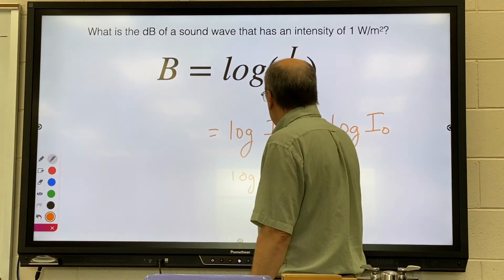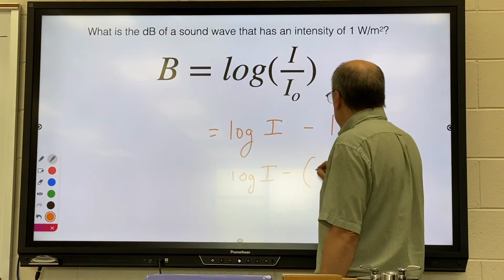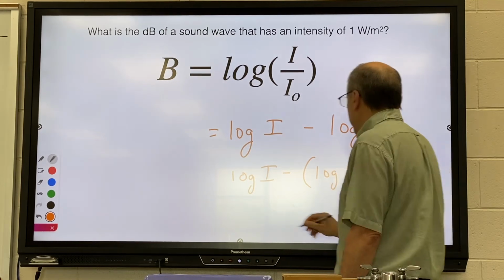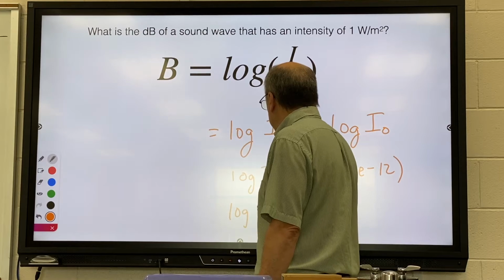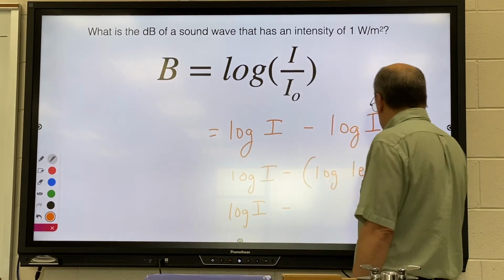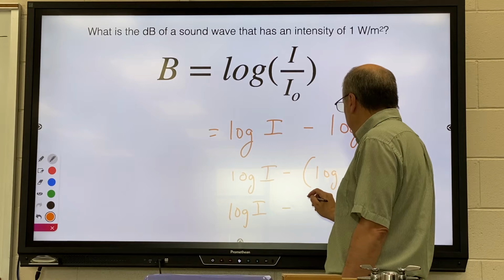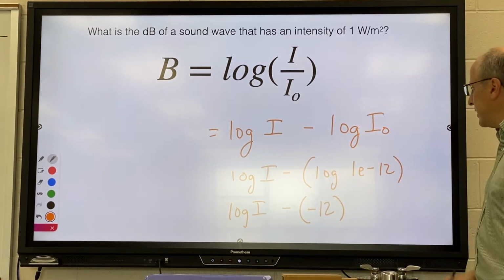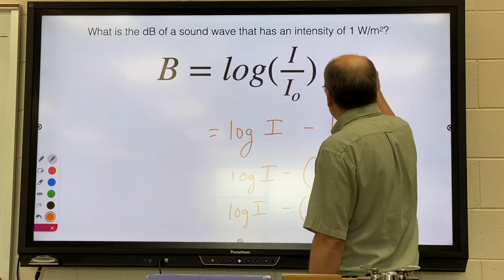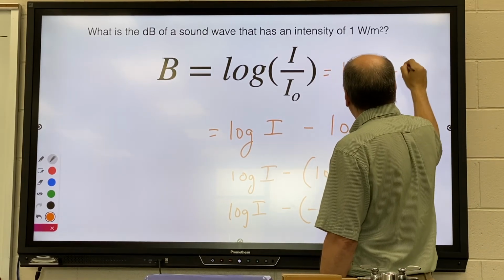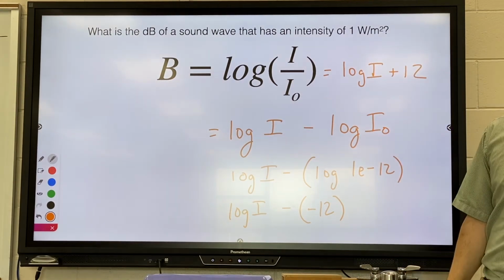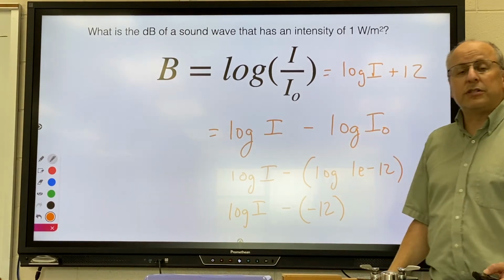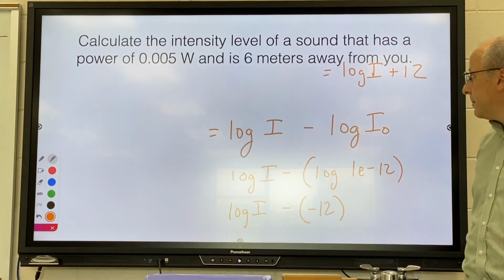So you're going to get the log of the intensity minus the log of 1 e to the negative 12th, which is negative 12. So in essence, you could write this as the log of I plus 12. That may make some of your work easier. If you want, you never have to do that. You could just divide them and then take the log.